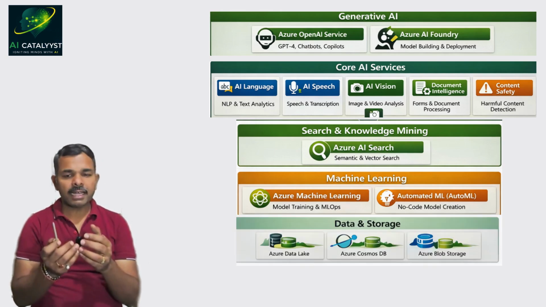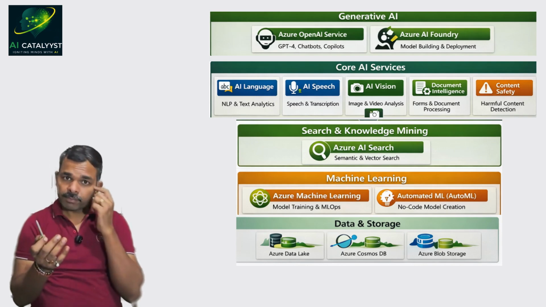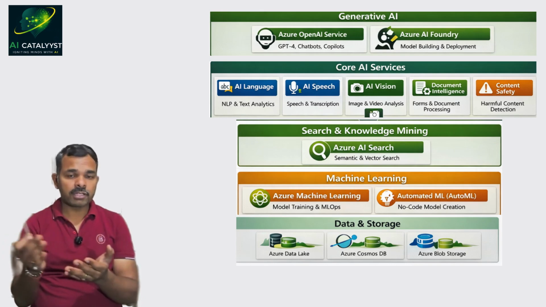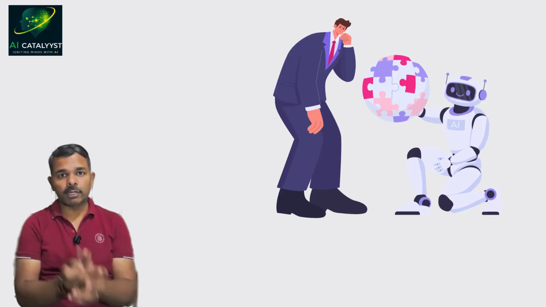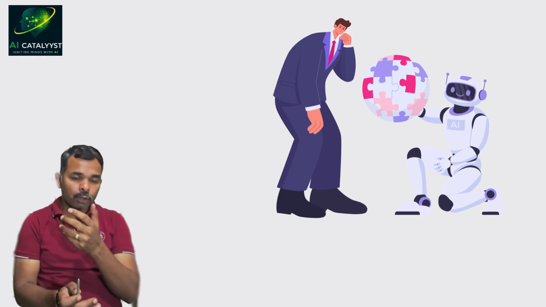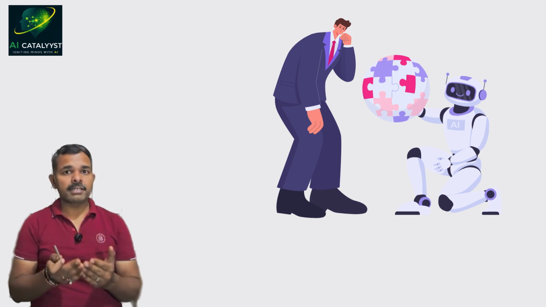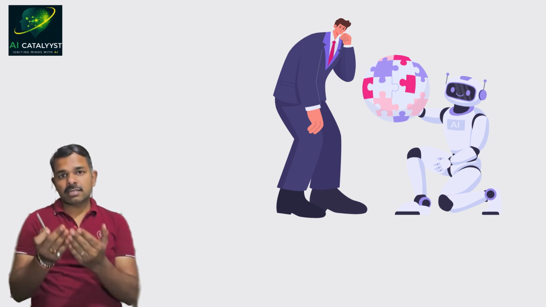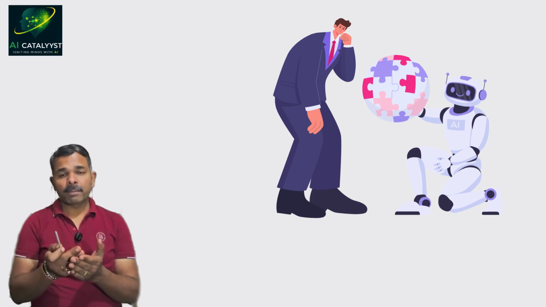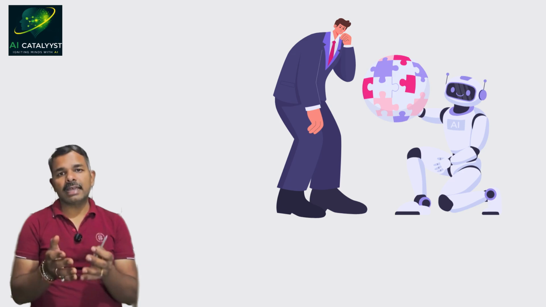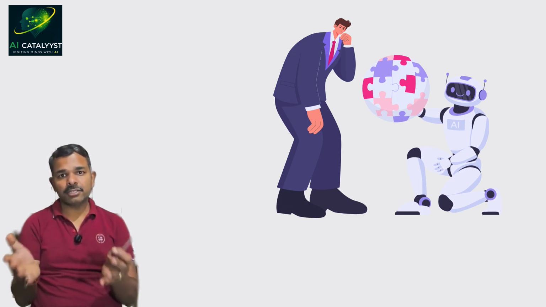Each layer has a role, but the real power comes when you start using them all together to solve your different business problems. Once you start looking at Azure AI services as a system, not as a tool, you stop using just AI and start designing and deploying intelligent solutions.